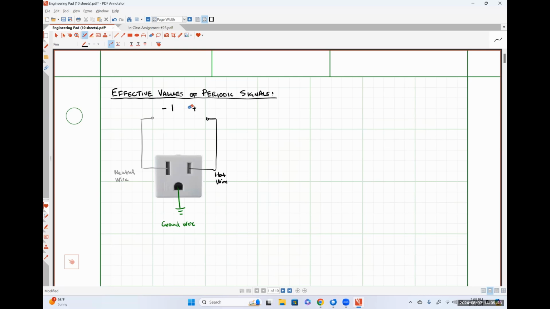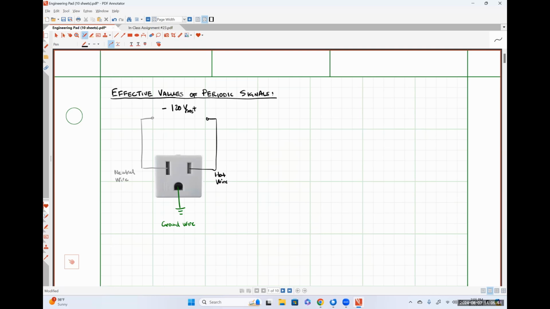That looks like a terrible 120, so let me fix that really quickly. What is left off of this description very regularly are three small but very important letters. And those letters are RMS. RMS stands for root mean squared. We're going to talk about that here in a moment.